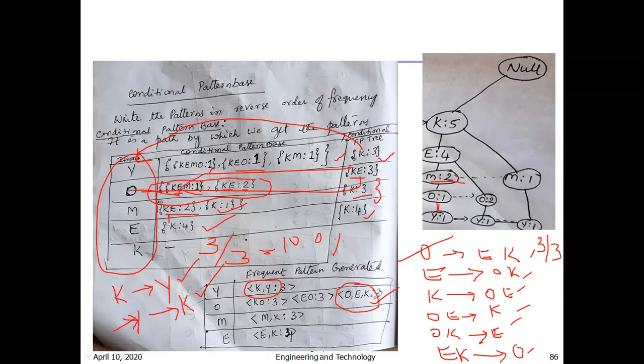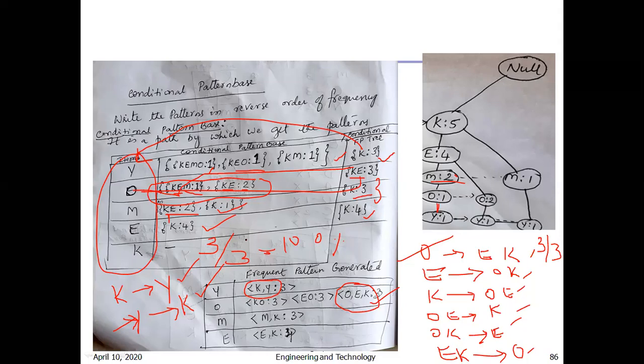First step is to generate the FP tree. From that FP tree, we need to generate the conditional pattern base. Once it is created, we need to see the support and build the conditional FP tree.